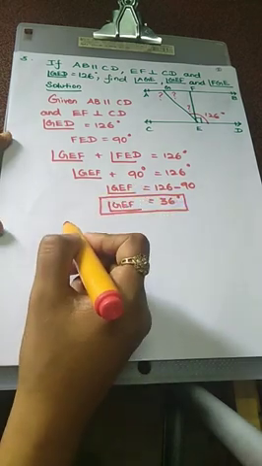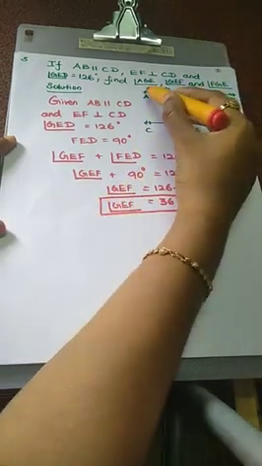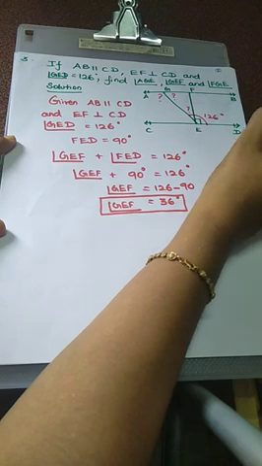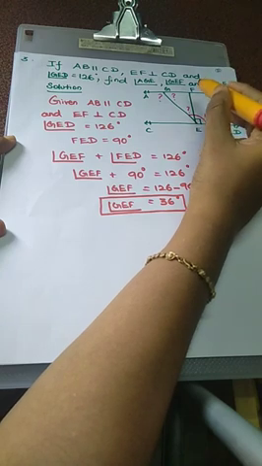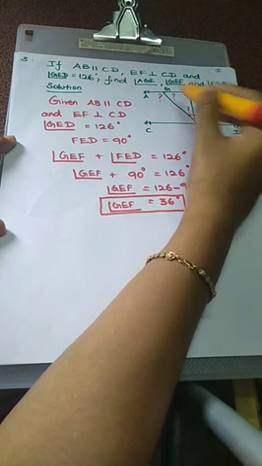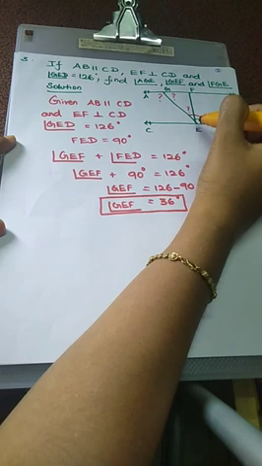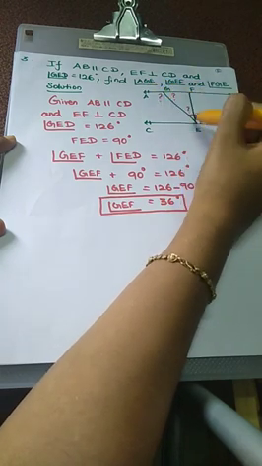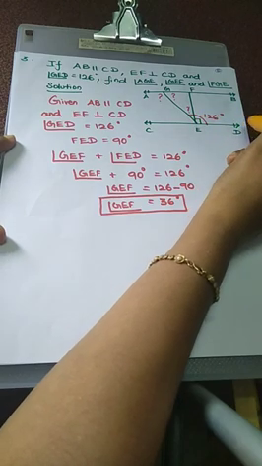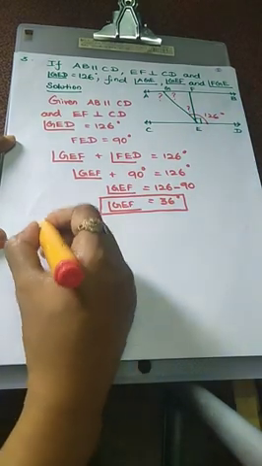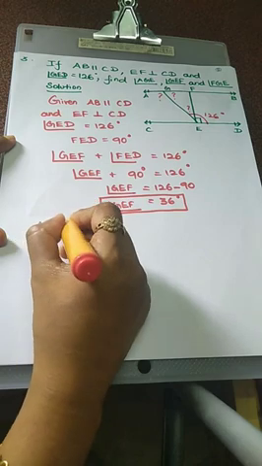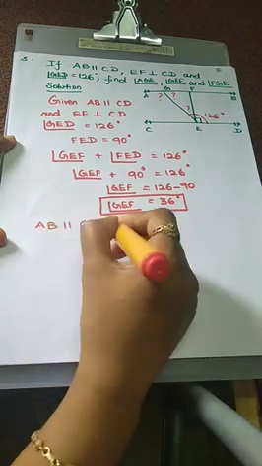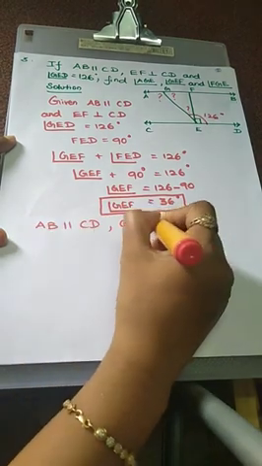First value over. Next we have to calculate AGE. AB is parallel to CD, that is given. The GE line looks like a transversal. So AGE equal to GED. Why are these angles equal? These are the alternate angles. So write the condition. The line AB is parallel to CD, GE is a transversal.